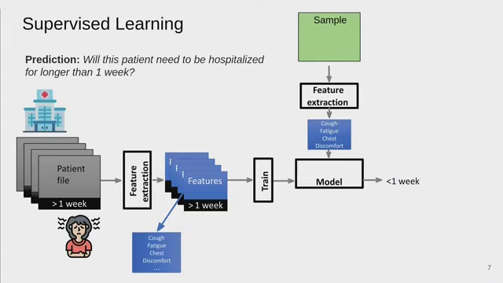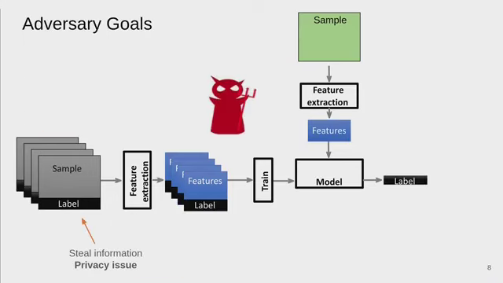What about another hospital? A hospital has spent a lot of money to collect this information, to train this model, right? Another hospital could try to steal it. So yeah, there's a bunch of different attack vectors.